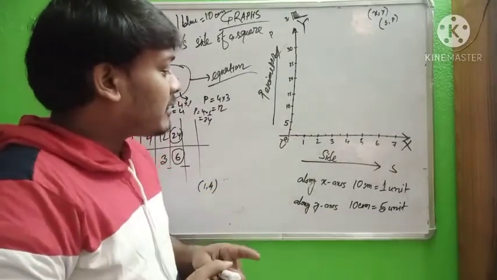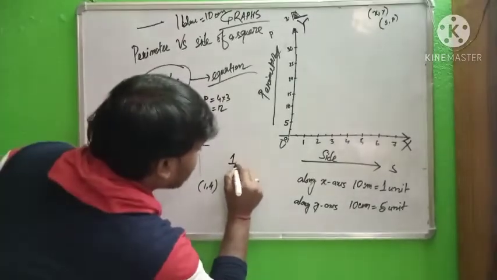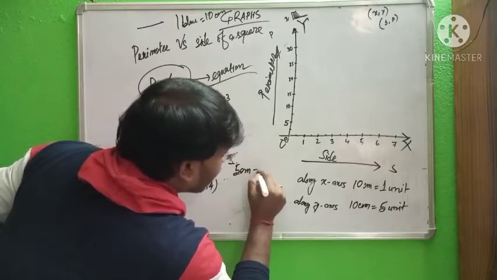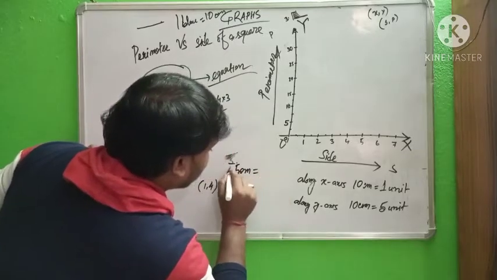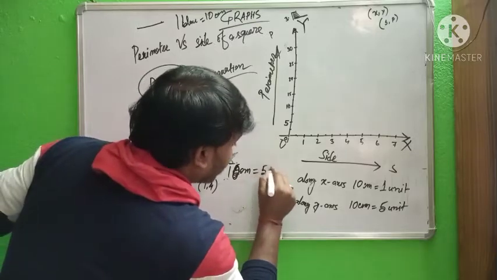But 4, that means 5 centimeter. Here we have taken 10 centimeter equal to 5 unit.